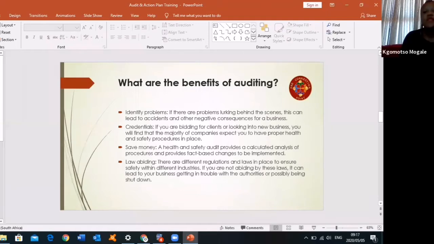So those are the benefits of auditing, because sometimes people, or the company's senior management, can ask why we have to have all these audits. When it comes to external audits, they can be expensive because of the consultants coming in to do the audits for us.